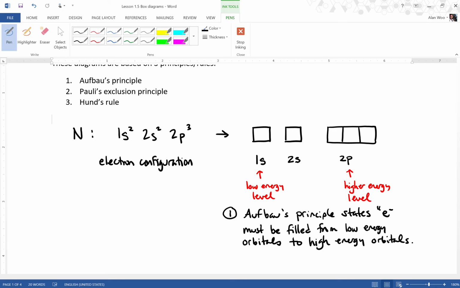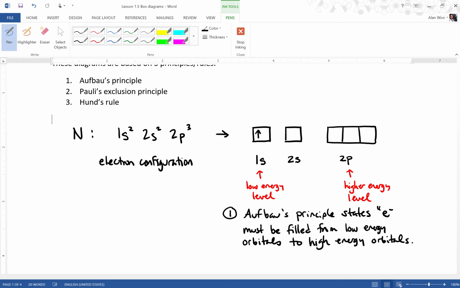The way that we represent electrons is by drawing an arrow like this. If I have 1s1, I only have an arrow pointing either up or down, it doesn't really matter, in that 1s orbital.